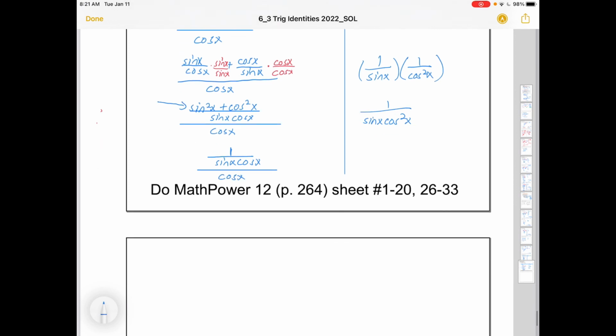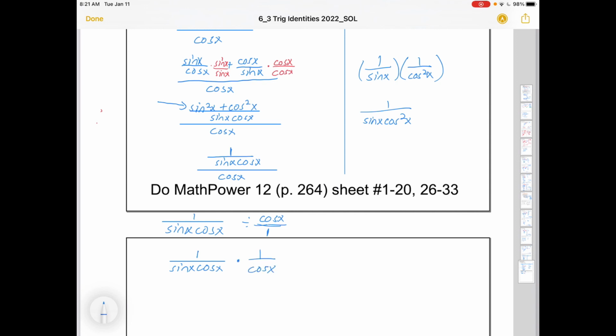And the left really means 1 over sine x cos x divided by cos x, or divided by cos x over 1, you could say. And if we want to divide fractions, well, we just flip and multiply. So we get sine x cos x on the bottom here times 1 over cos x.